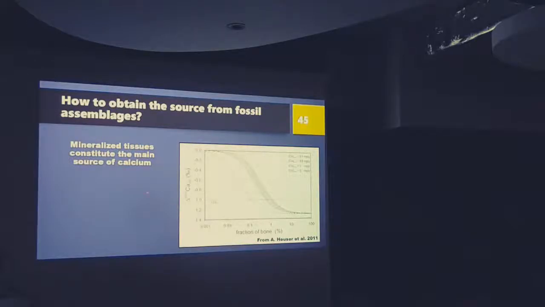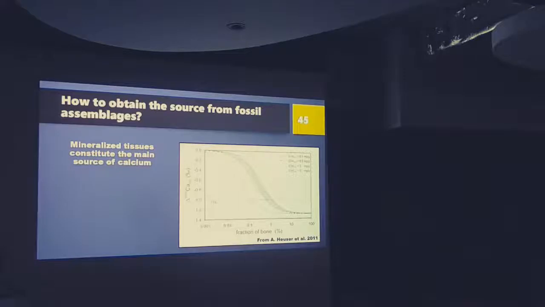We can do that because when a predator eats another animal, it only needs 1% of bones in its diet to change its dietary isotopic signature to be equal or almost equal to that of bones.